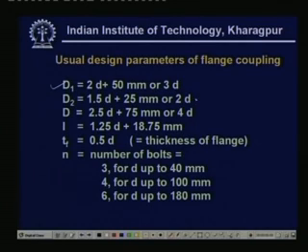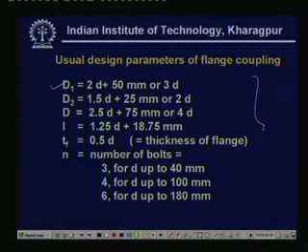Because the couplings are manufactured by different manufacturers, and so we have to come to a standard. These are normally the standards followed unless otherwise specified to the manufacturers. There are catalogs available from the manufacturers, and we will have to look up those catalogs to find the exact diameter, but what you see here are the usual dimensions maintained in practice.